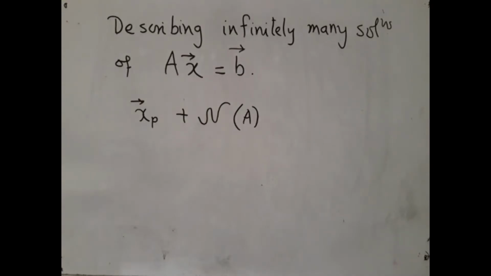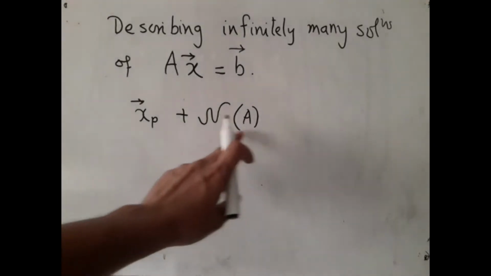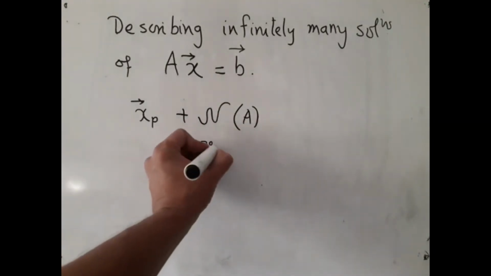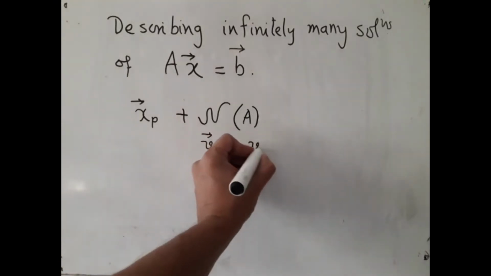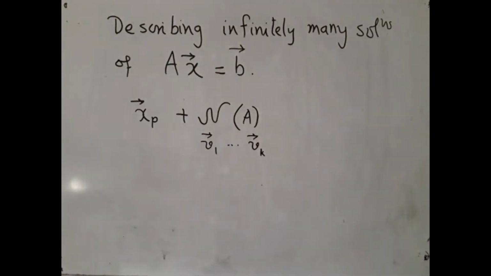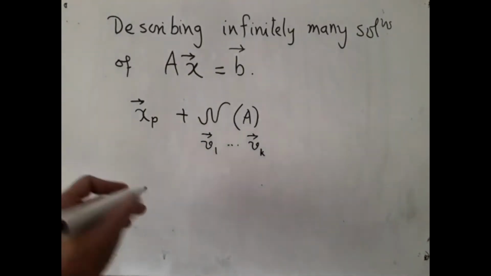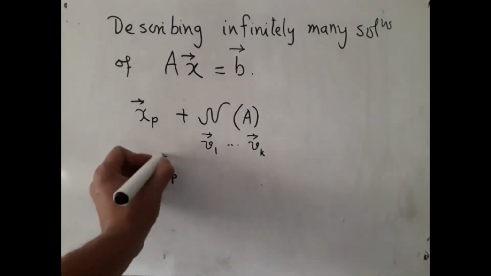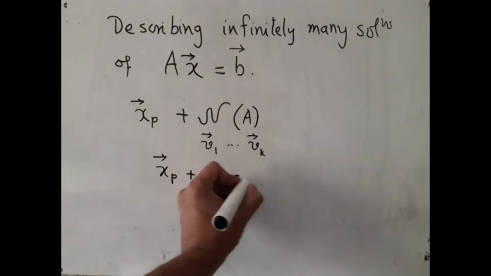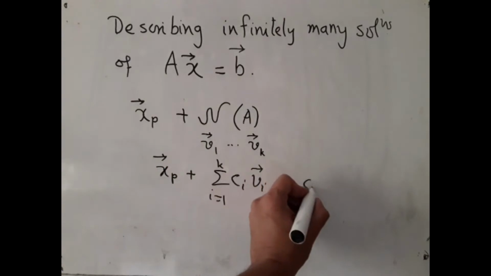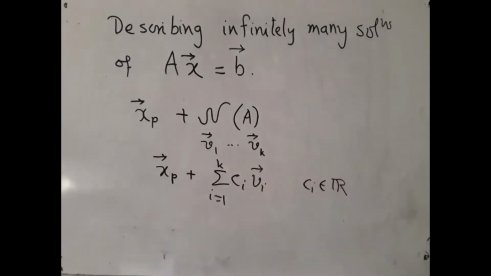If you are writing a computer program, the typical output will be a basis of the null space of A. Suppose the basis is, I will give an example, v1 up to vk. So in that case, you will print xp, you will print v1 to vk and say that the general answer is xp plus summation ci vi, i from 1 to k, where ci's are any arbitrary real numbers.